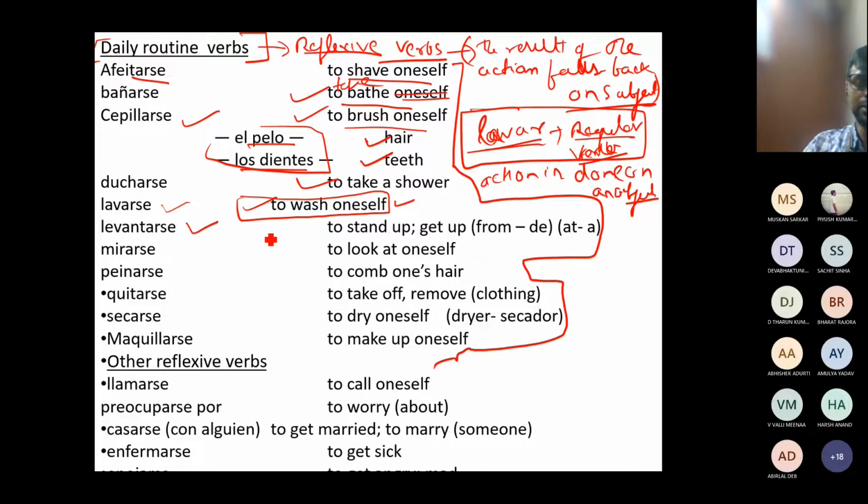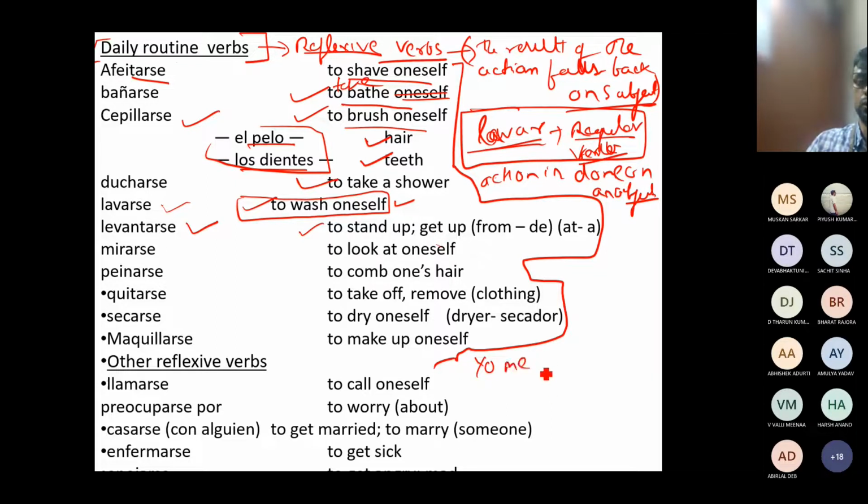Next one is levantarse, which is another example of a reflexive verb, meaning to stand up or to get up. Basically in the morning when you get up, you use levantarse. So if you have to say I get up at 7 a.m., you have to use levantarse.